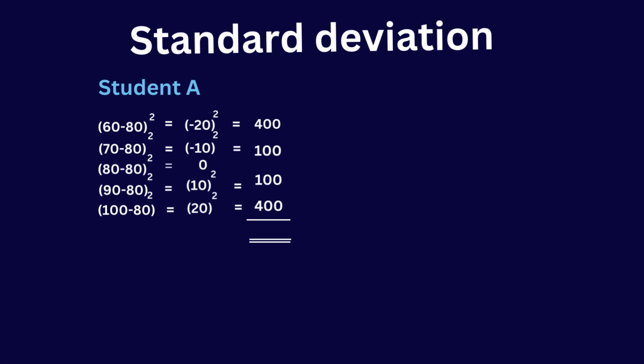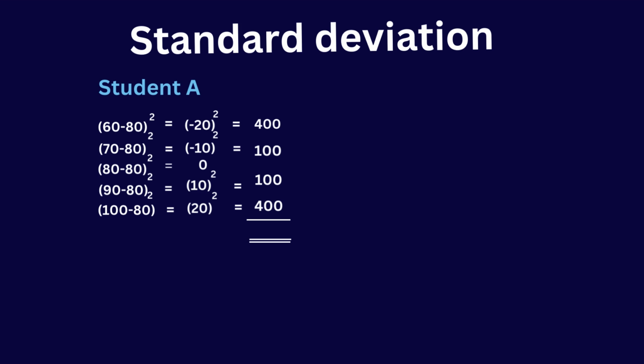So our first test score for student A is 60. 60 minus 80 equals minus 20, and the square of minus 20 is 400. The second test score is 70. 70 minus 80 is negative 10, and the square of negative 10 is 100.